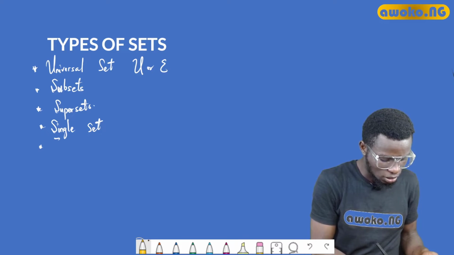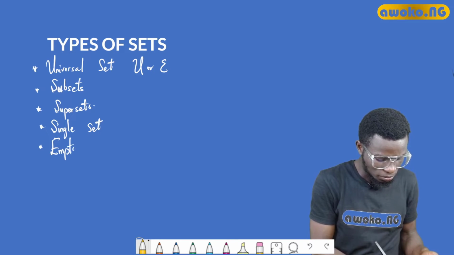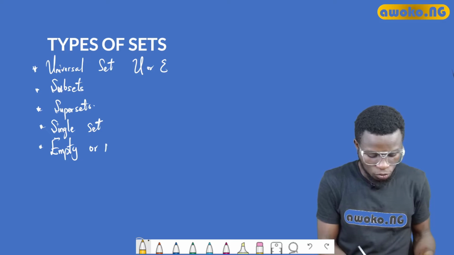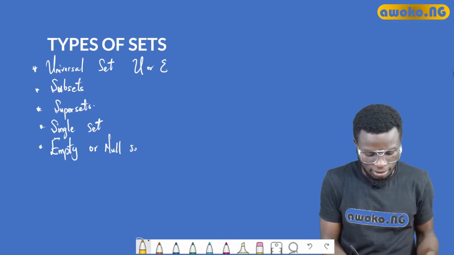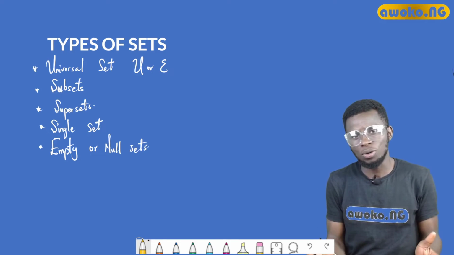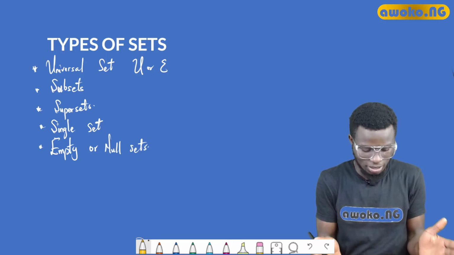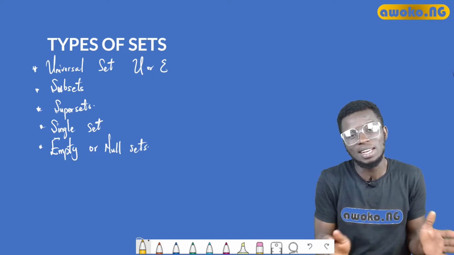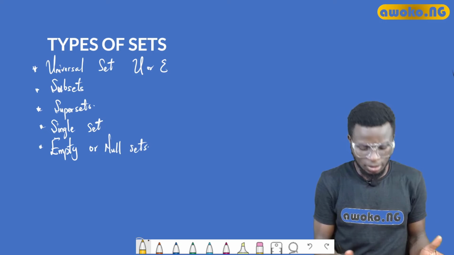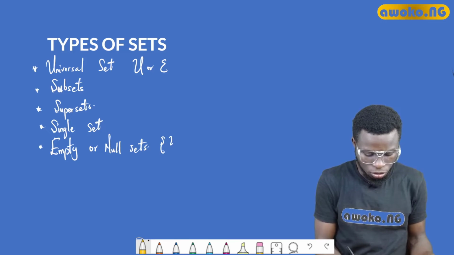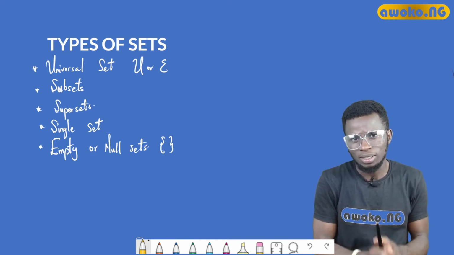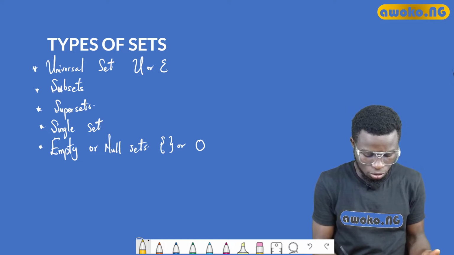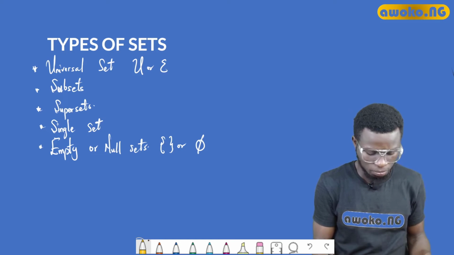Another set is the empty or null set. An empty set is a set that does not contain any element at all. We use this symbol to denote an empty set, or you can decide to use this symbol as well.